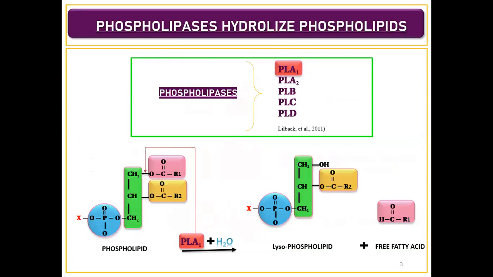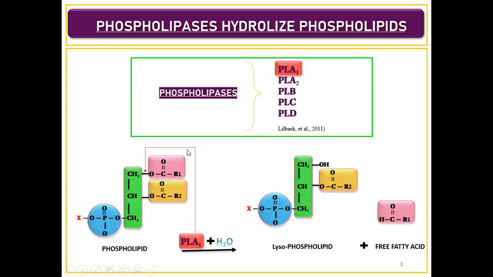We have some phospholipases like A1, A2, B, C, and D, and they are all used to hydrolyze phospholipids. The difference is that they attack different bonds in the phospholipid structure. Here we have a schematic representation of a phospholipid.